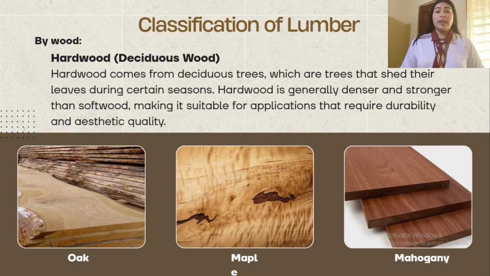The next one is hardwood. Hardwood comes from deciduous trees. These are trees that shed their leaves during certain seasons. Compared to softwood, hardwood is generally denser and stronger. Because of this, it is more durable and is often used for projects that require strength and good appearance.